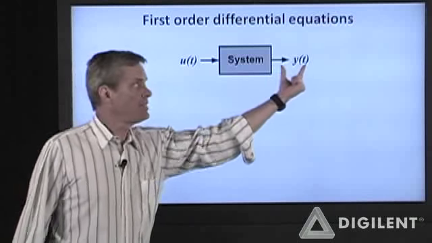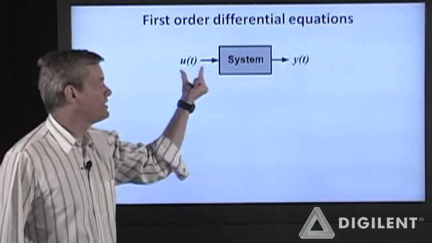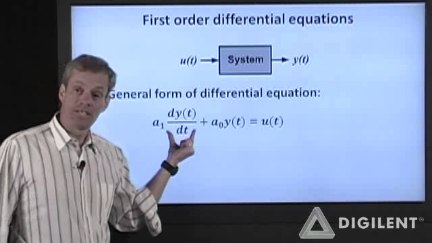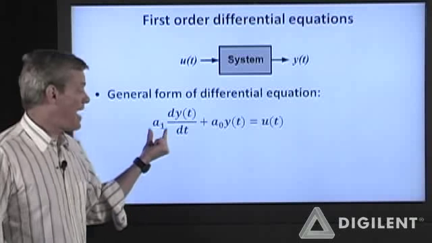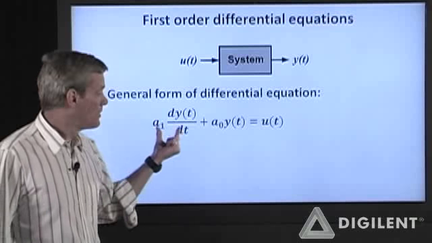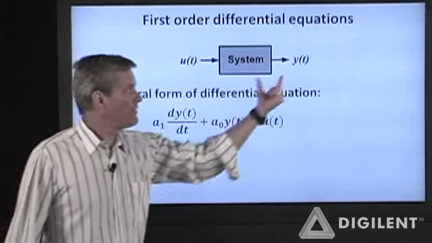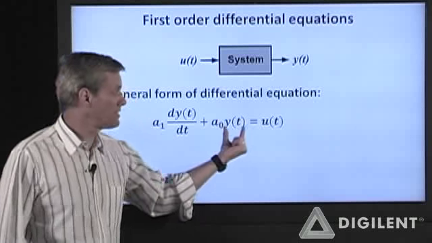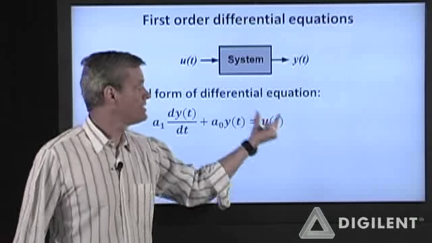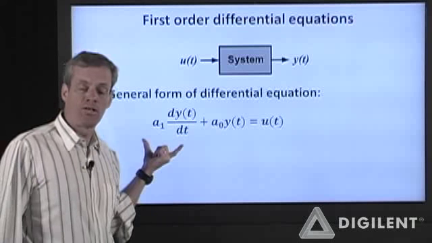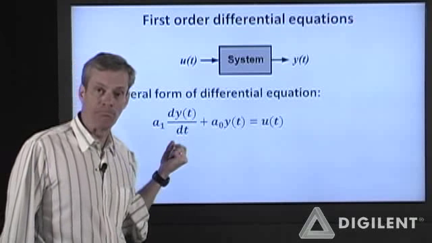In general, the differential equation relating Y of t to U of t will look like this. There is a single derivative term. I have some unknown constant A1 times the derivative of the output with respect to time, plus another constant A0 times Y itself, is equal to the input. I can always write my first-order differential equation in this form.